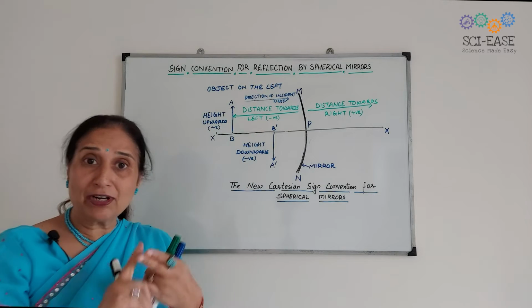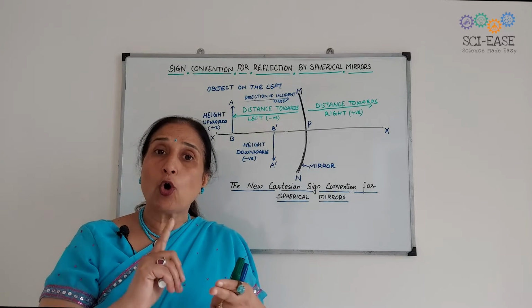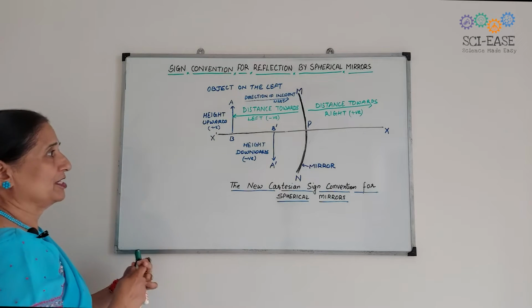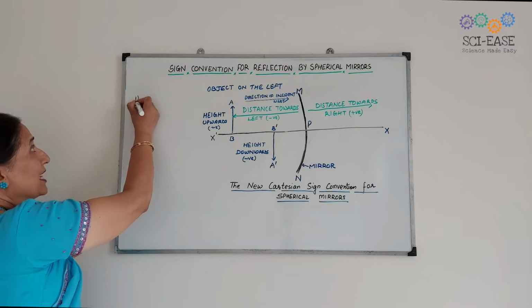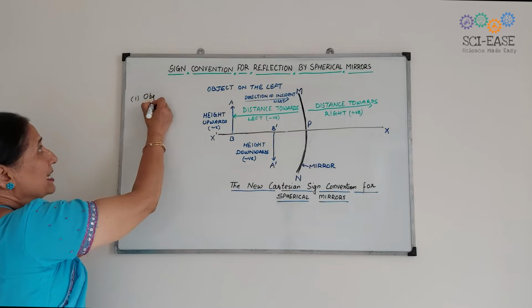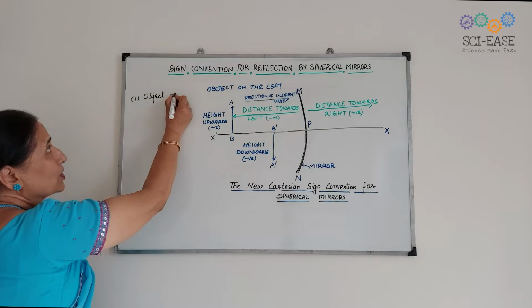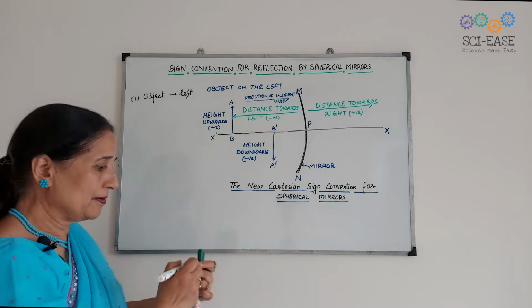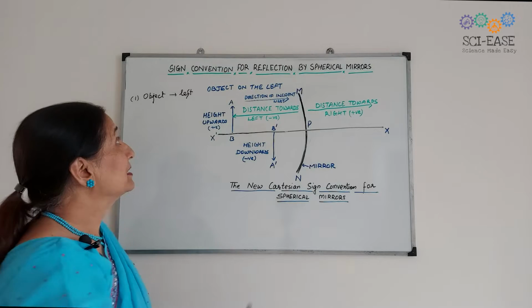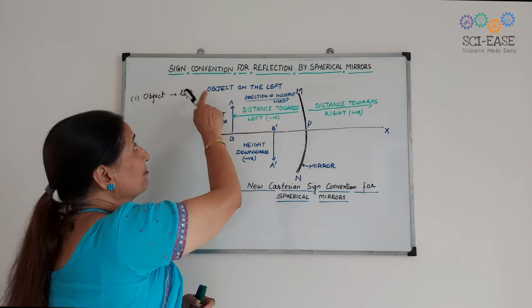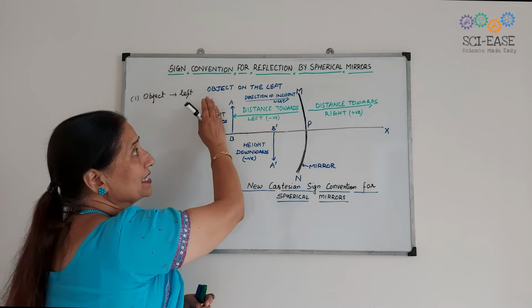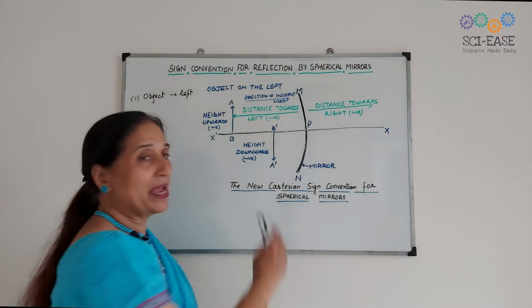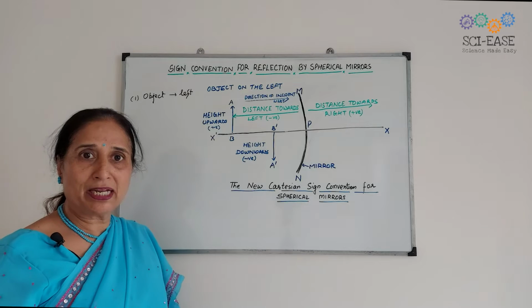In the first sign convention, the object is always placed on the left-hand side of the spherical mirror, and the rays of light start from the left-hand side and strike the mirror. This is mirror MN, a spherical mirror.